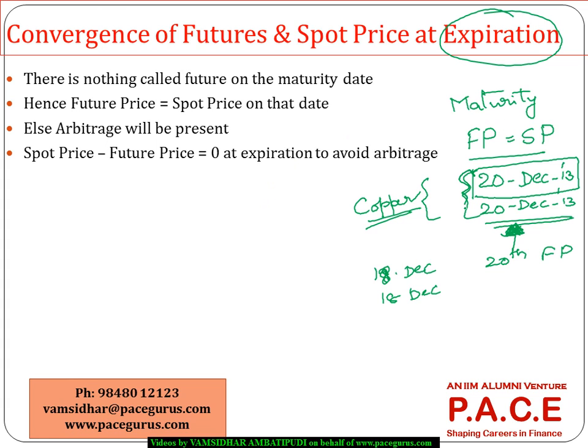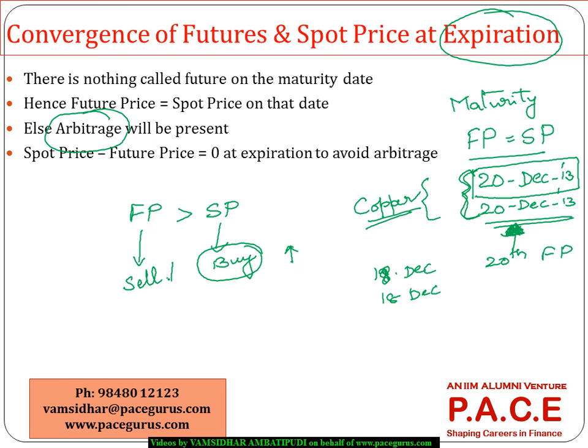If there is a difference in the price between these two markets, then arbitrage will be present. If the futures price is greater than the spot market price, there will be heavy buying in the spot market on that day and heavy selling in the futures market. Because of heavy buying here, the price will increase, and with heavy selling there, the price will decrease, until both are equal on that day.